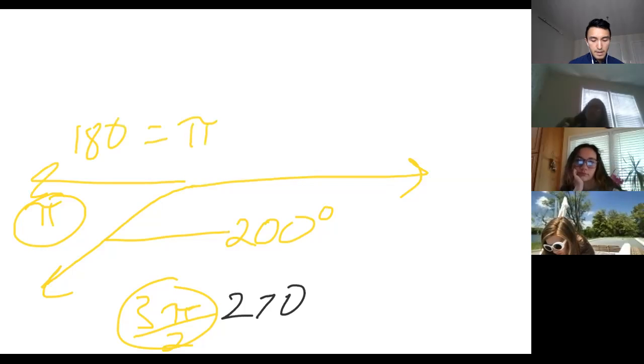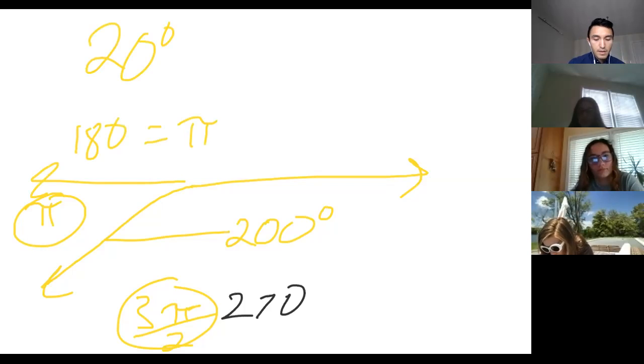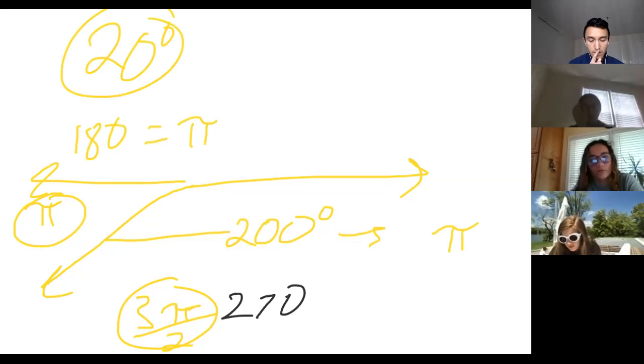I know in degrees it's 200, so all I'm missing is the extra 20 degrees. If I were to write 200 degrees in terms of radians, I know it's at least pi, but there's this 20 degrees that I don't know. How do I figure out what 20 degrees is in terms of radians?